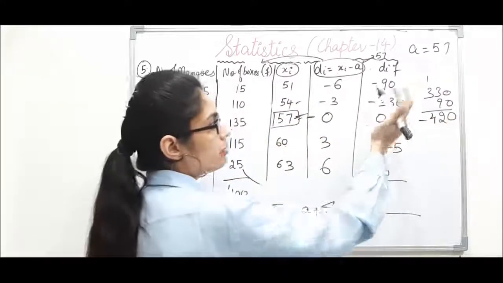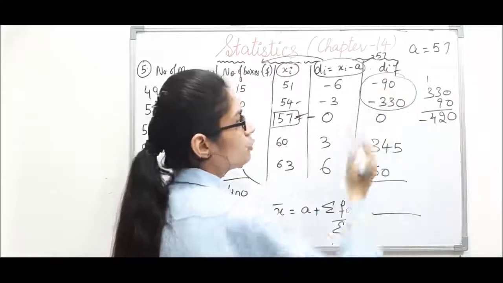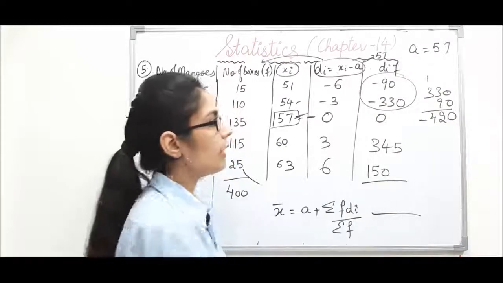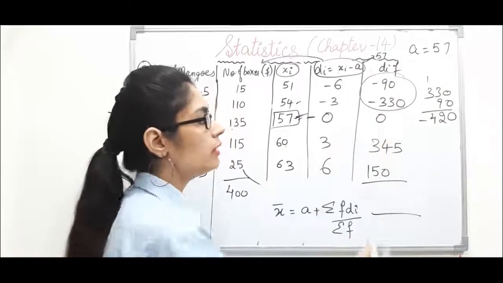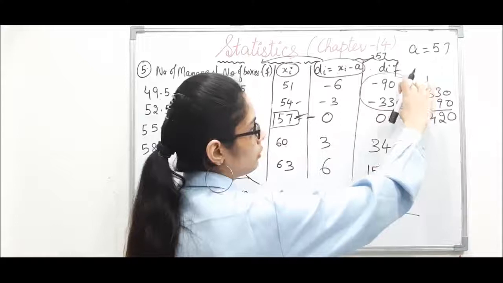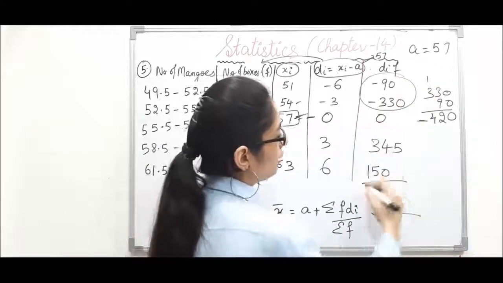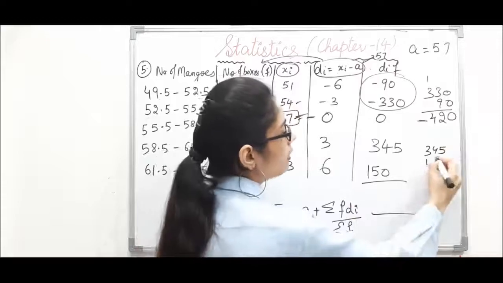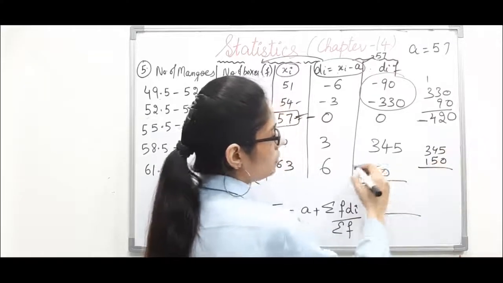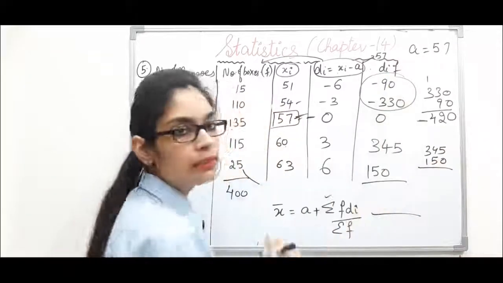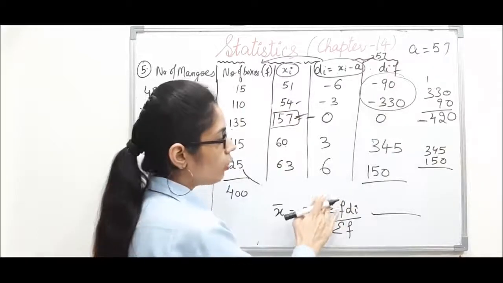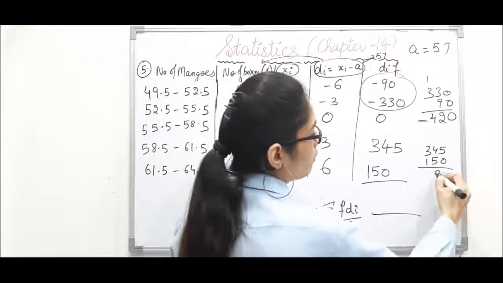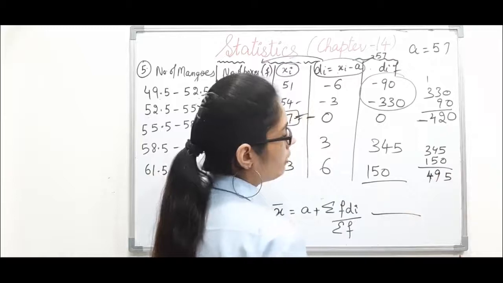See, simple addition we are doing. First of all, I am choosing these two terms because both are with negative sign, and I know minus minus is plus with a negative sign. So I have got the answer for these two terms. Now let's add these two. These are positive terms, so simple, we have to add it. 345 plus 150, because summation means addition of all the terms, so 495.